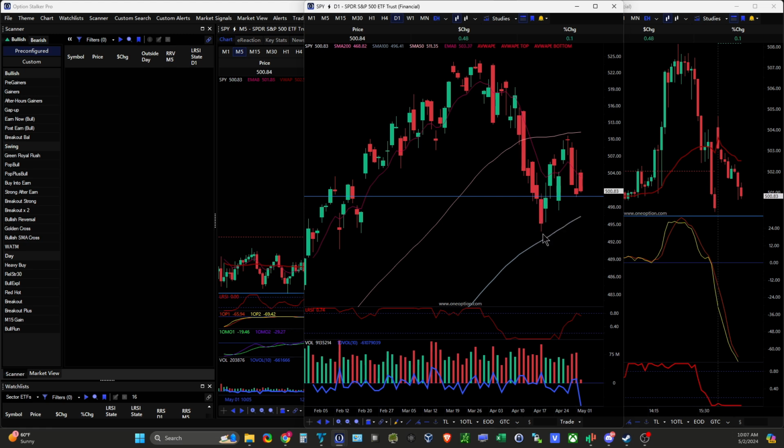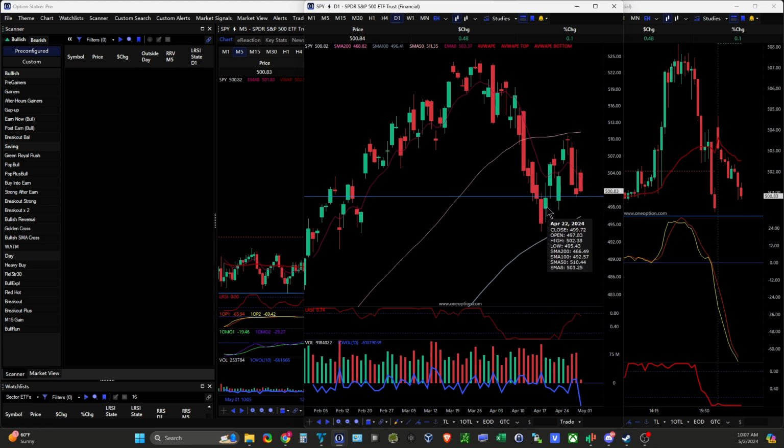Looked like it was going to attempt the SMA 100. Did not. Pulled back up, closed right here. You could see here that on the open, it did try to go above 500, sold back down. So we have two candles that tested the 500 level and saw support there. Then we've got the April 19th candle seeing resistance at the 500 level.